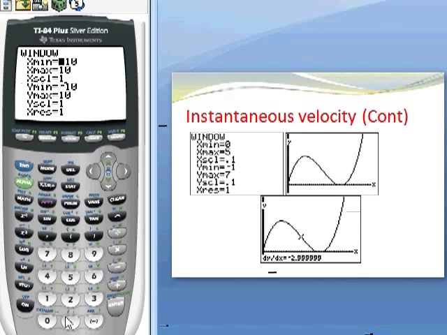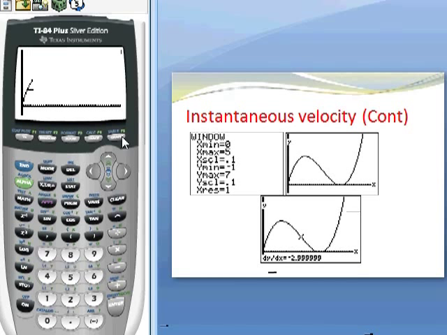I'm going to go from 0 to 5, and I'll use steps of 0.1. And I'll go from -1 to 7, steps of 0.1 again. And when you graph, you're going to see a nice graph.